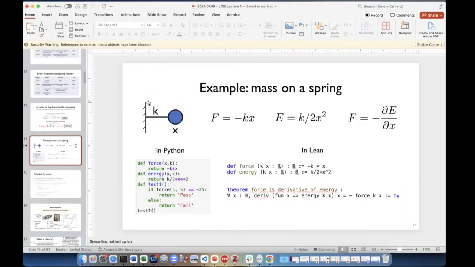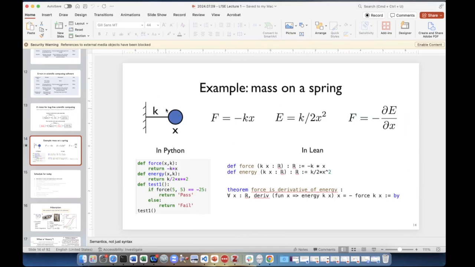Okay, this is the mass on a spring for example. On these slides, I took out the word non-computable because in lecture 1, I didn't want to get into those details, but we've talked about non-computable now. That is elaborated on last time in lecture 5. But basically, we have x and k as real numbers, and this is the force and the energy of a mass on a spring.